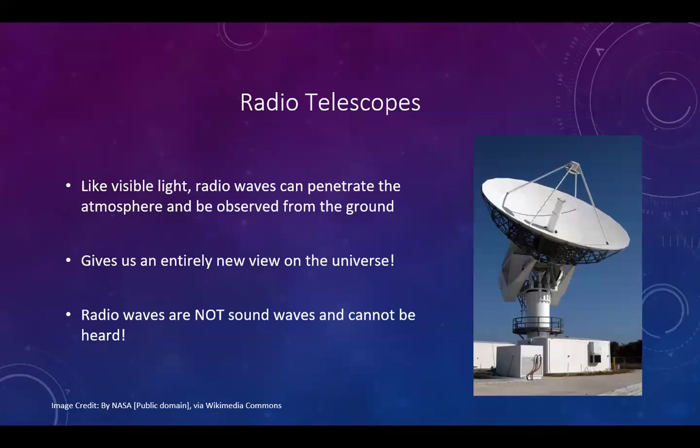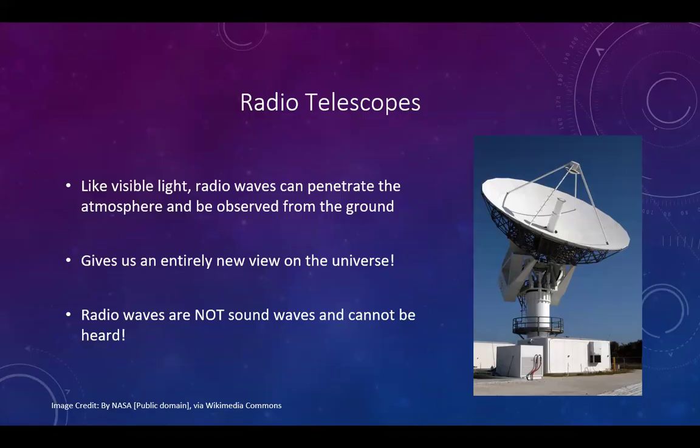Optical telescopes see through the optical window, which is visible light and a little bit of ultraviolet and a little bit of infrared. Radio telescopes see the radio waves that make it through the atmosphere. And they can be observed from the ground. This gives us an entirely new view on the universe and has a number of additional advantages.